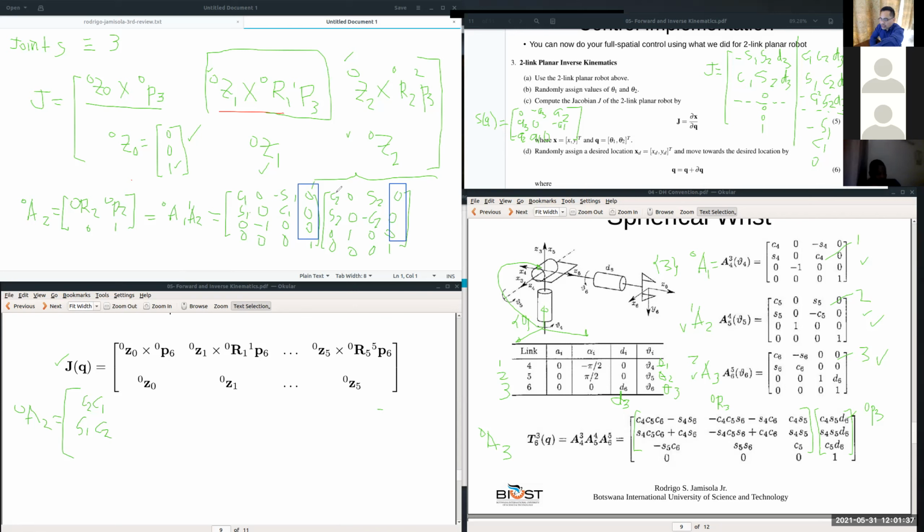Next, 0 minus S2, 0, 0. So minus S2, 0, 0, 0, 0. So this is 0. Next, C1 times 0, 0 times 0, minus S1 times 1 plus 0. So this is minus S1.